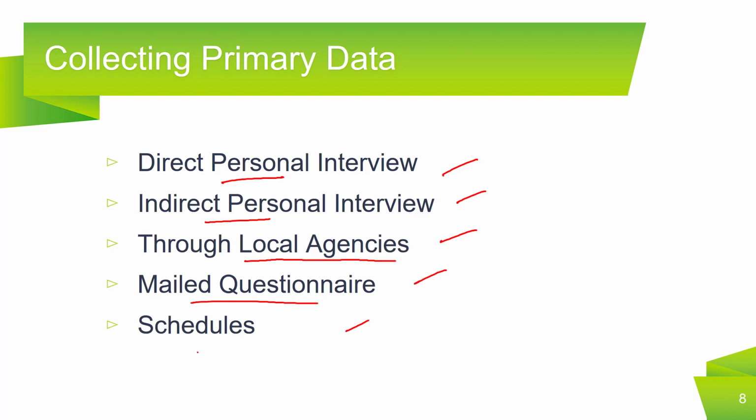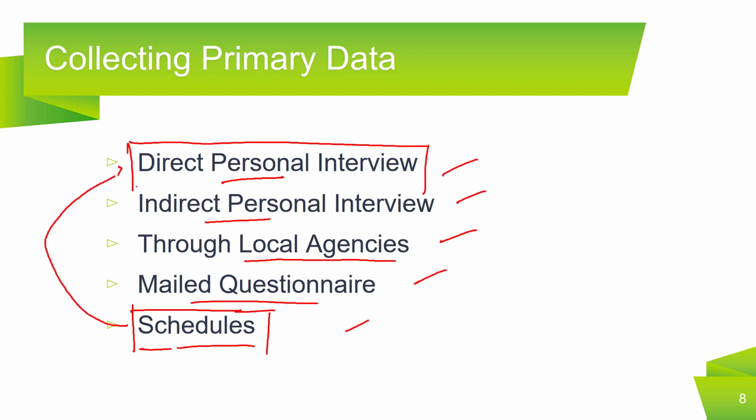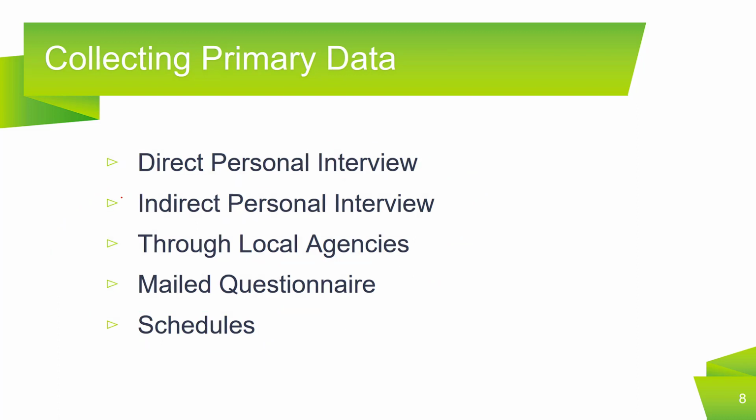Then we have mailed questionnaire and we have schedule, right? And this schedule method combined with direct personal interview is the most common form of collecting primary data in modern age. This is the way we collect most of the primary data nowadays.